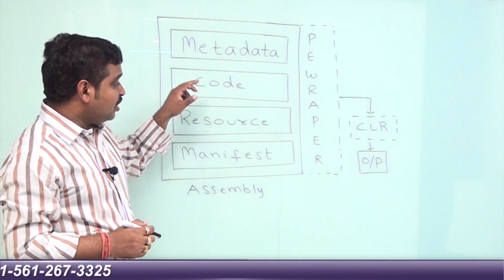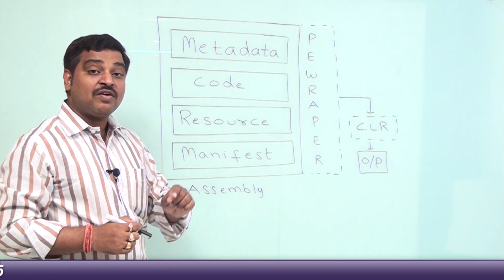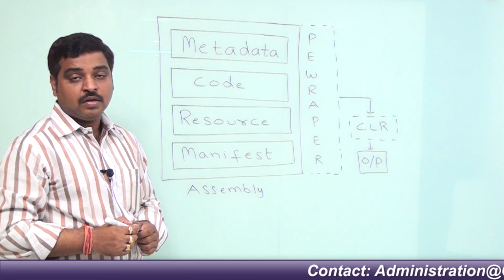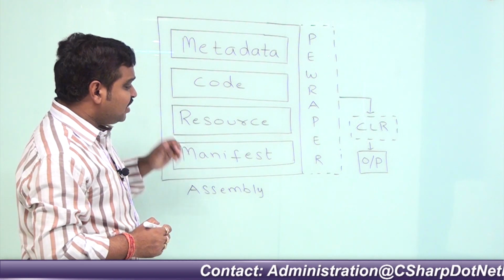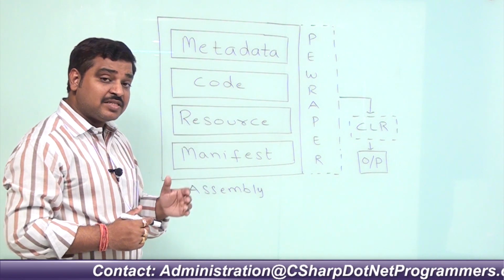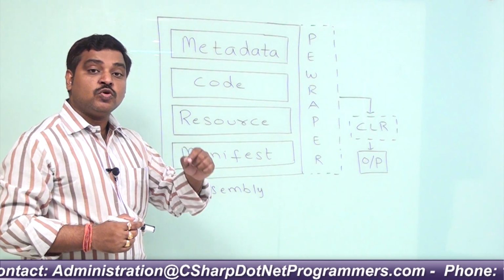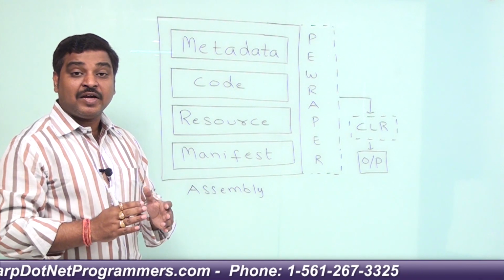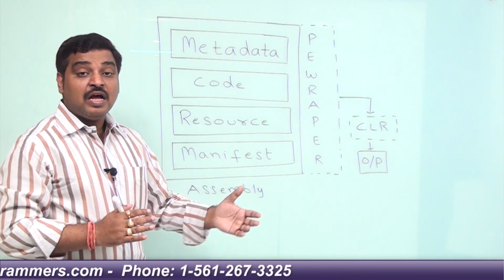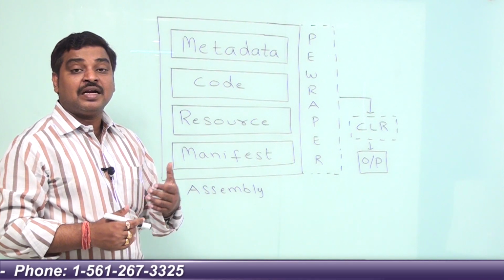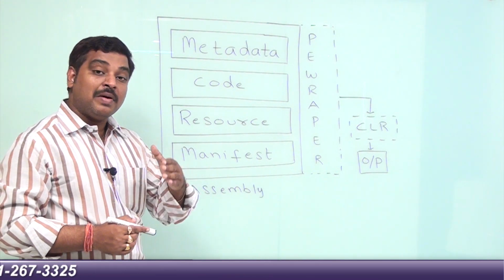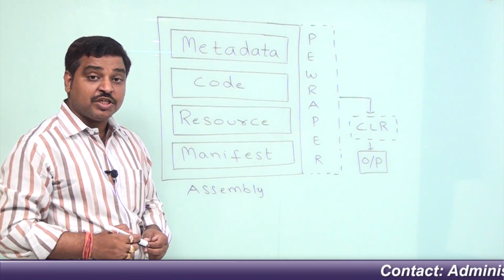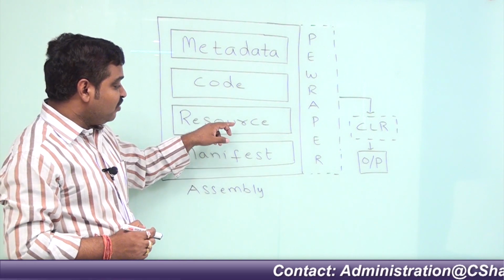Here the MSIL code is a platform and machine independent format. And the resource provides the details about the external resources used within the application, such as images, icons, cursors, fonts. And if we design an application for supporting multiple languages and cultures to achieve globalization, those details it will maintain.